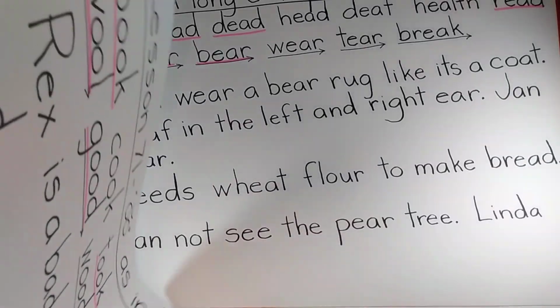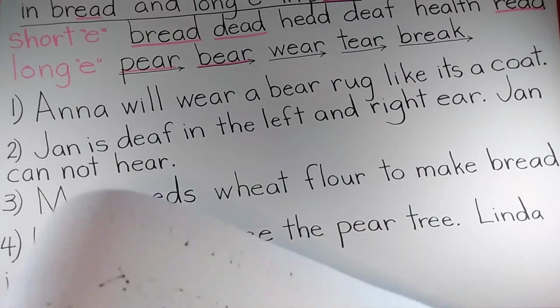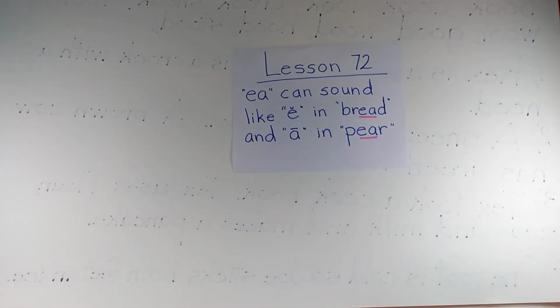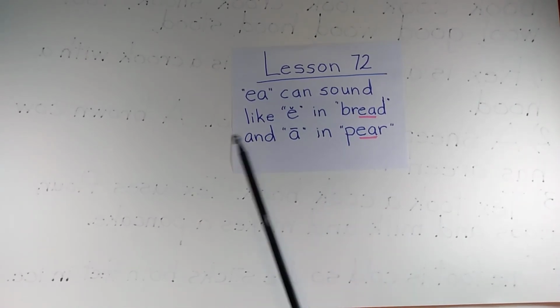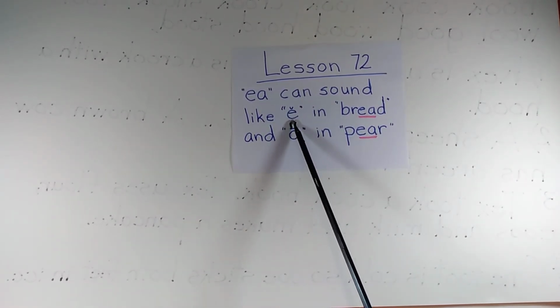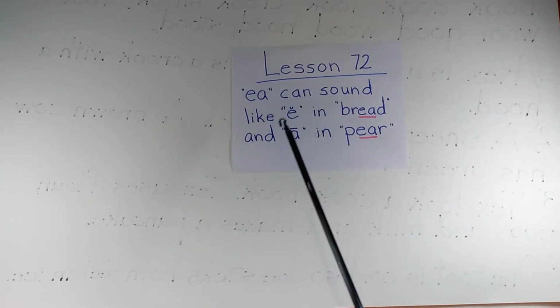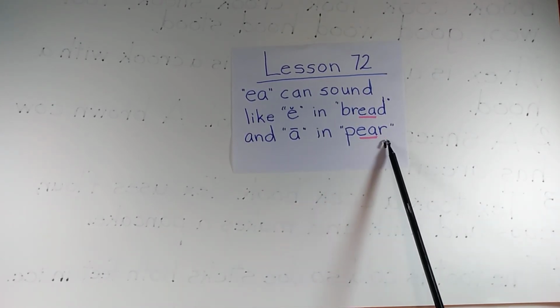Okay, now, in a preview for our next lesson, we're going to find out that EA, which we've already studied, that usually makes the long E sound, can sometimes make the short E sound as in bread. And sometimes it can make the long A sound as in pear.